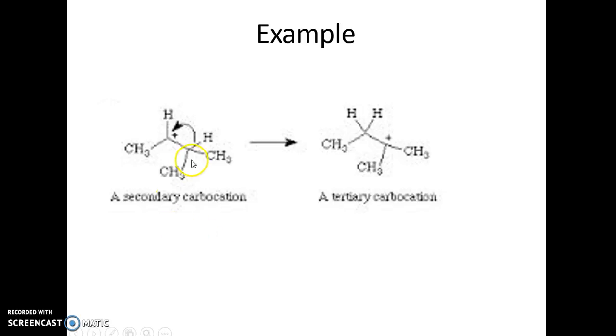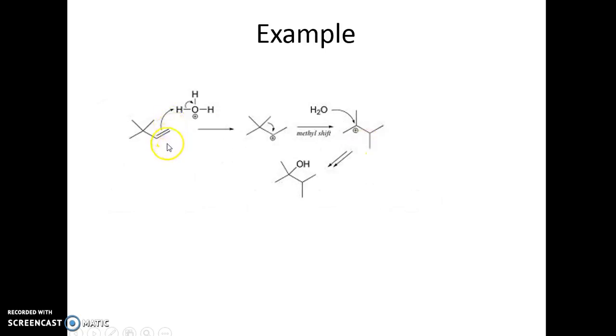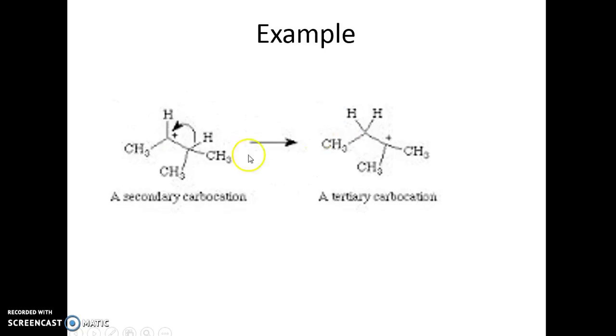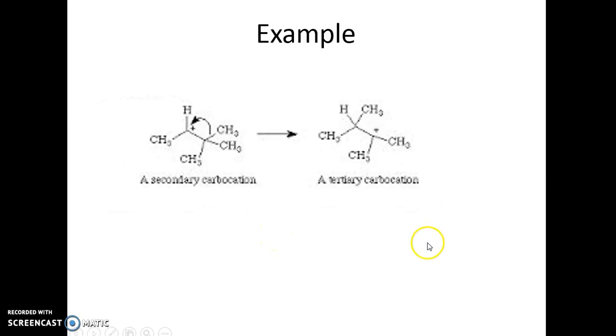Here's another example. Here's a secondary carbocation, and this hydrogen can move over in a hydride shift, and it can give you a tertiary carbocation. So you have an increase in stability. In this reaction, you went from a secondary to a tertiary, so there's greater stability. And here we go from a secondary to a tertiary, so it's greater stability.